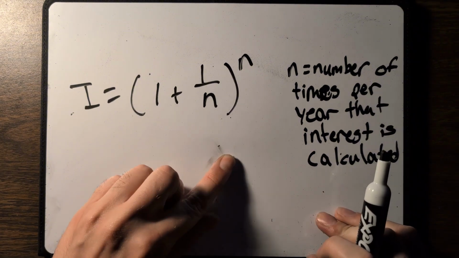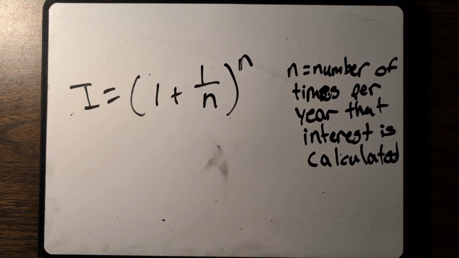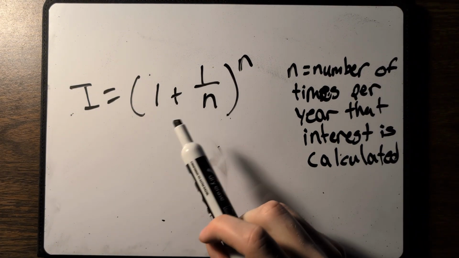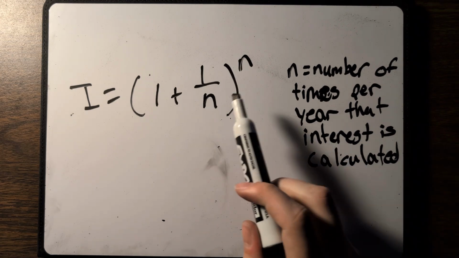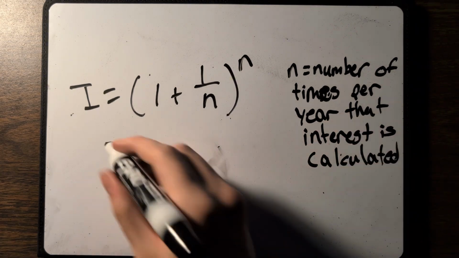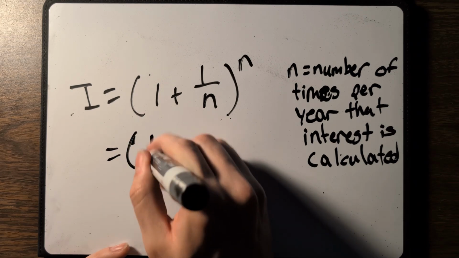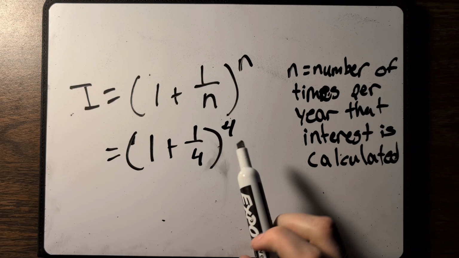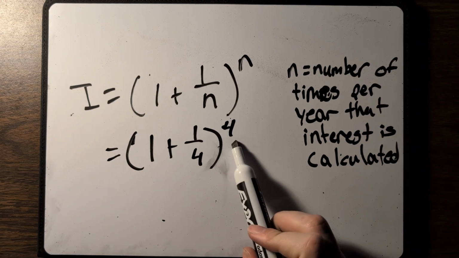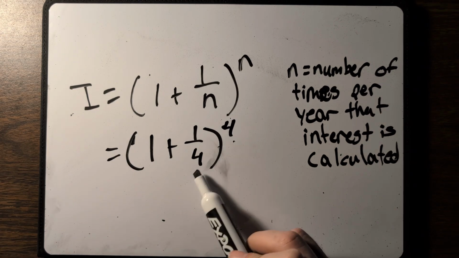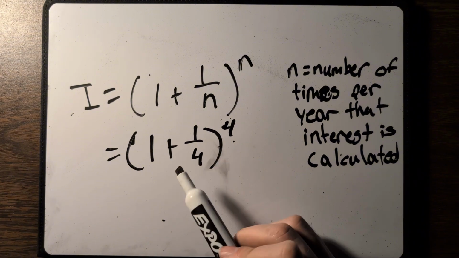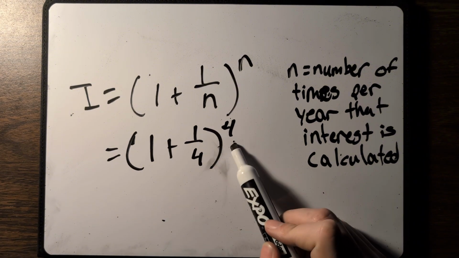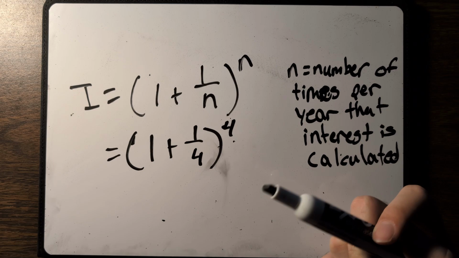So if we aren't calculating it that many times, say, let's start with 4, well, look at this. Our exponent is very small. Our exponent is only 4. Even though this fraction is larger, this exponent really, in the end, matters a lot more.